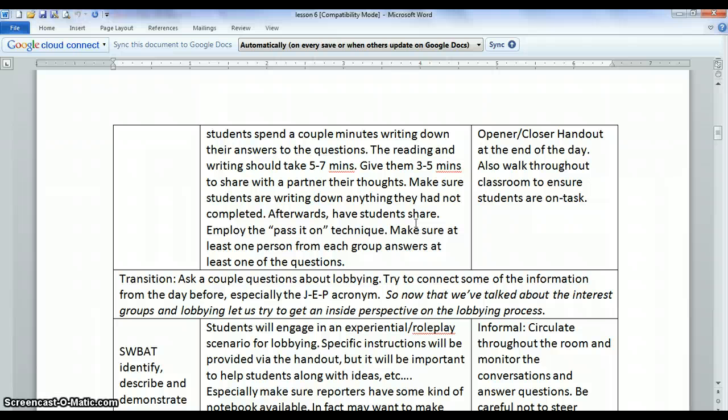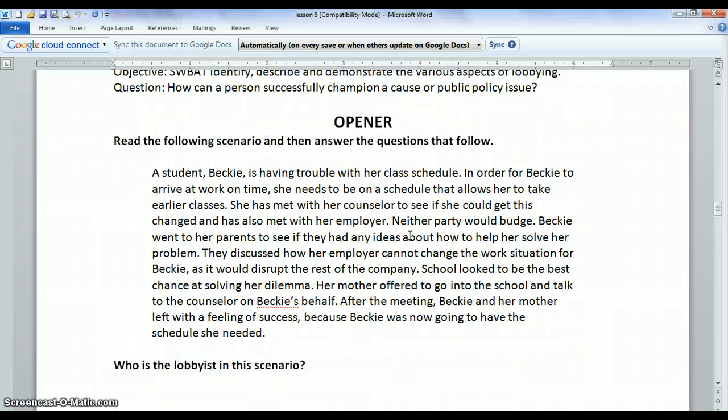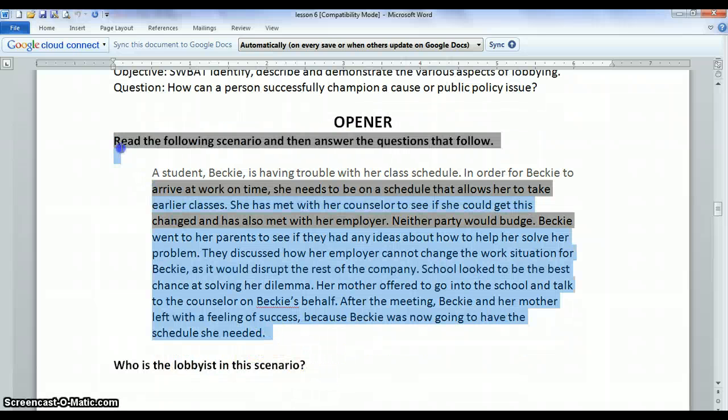Scenario and answer some questions. And the scenario was this one right here. Student Becky's having trouble with her class. In order for Becky to arrive at work on time, she needs to have a different schedule.